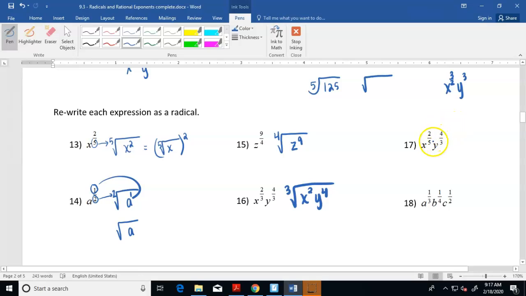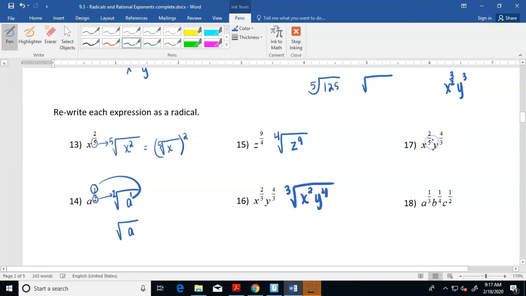Okay, I like what Connor just said here. He said we should do 15, right? So, because if we want to put these underneath the same root, they've got to have the same denominator, right? I guess we could write the fifth root of x squared and the third root of y to the fourth, but I would kind of like for them to be all under the same root. So we need common denominators.